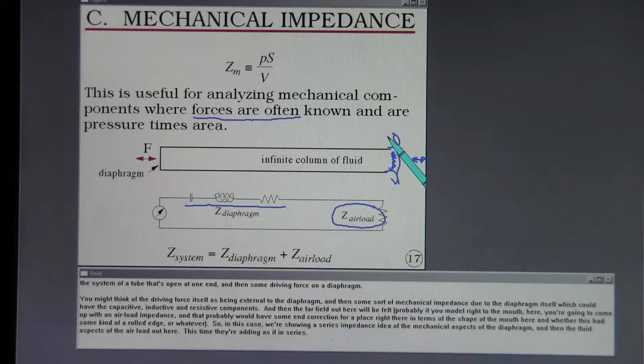So in this case, we're showing a series impedance idea of the mechanical aspects of the diaphragm, and then the fluid aspects of the air load out here. This time they're adding as if in series.